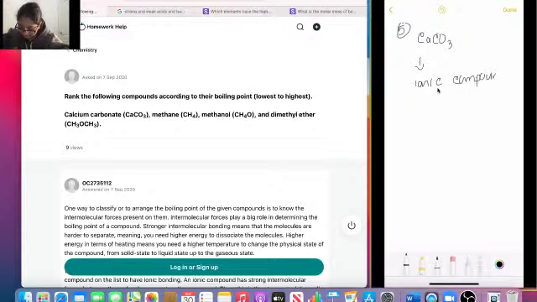It has ionic bonding, and ionic compounds have strong intermolecular forces, so it will have a high boiling point.